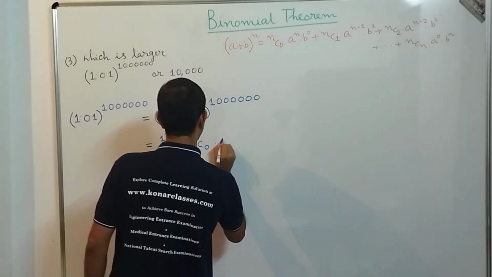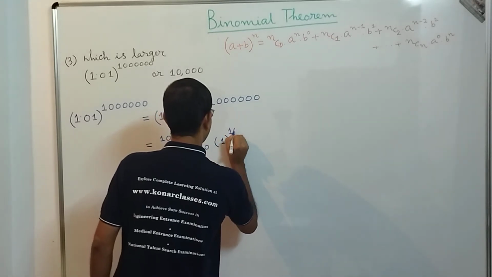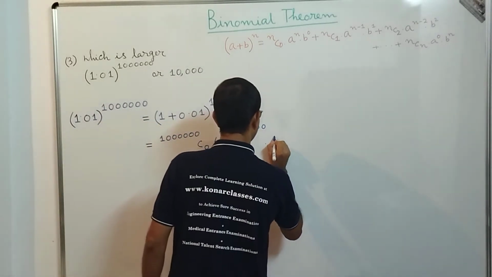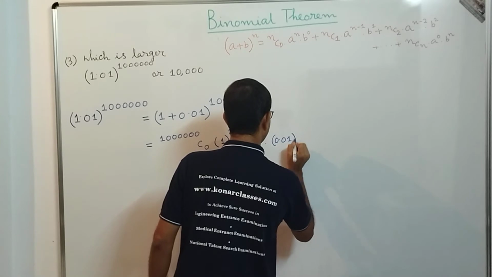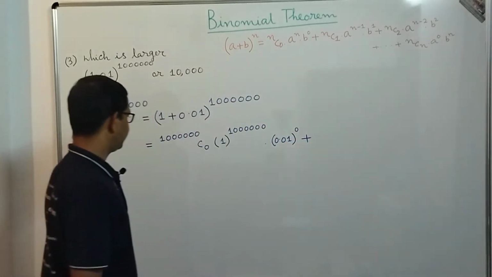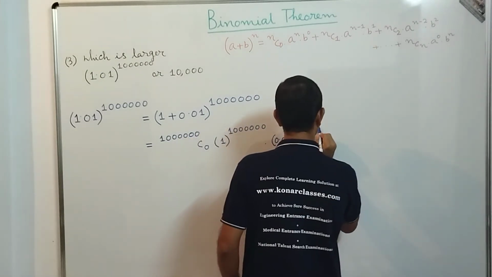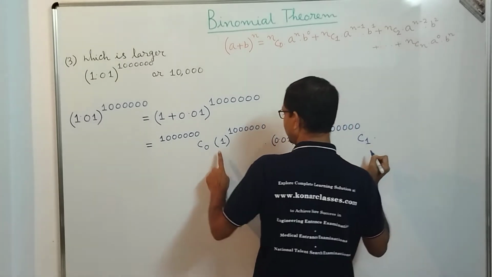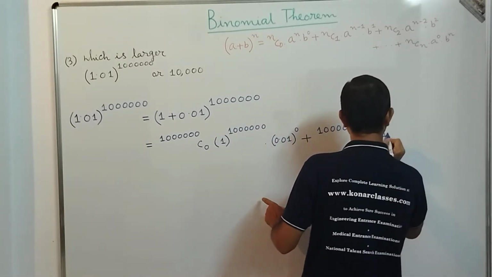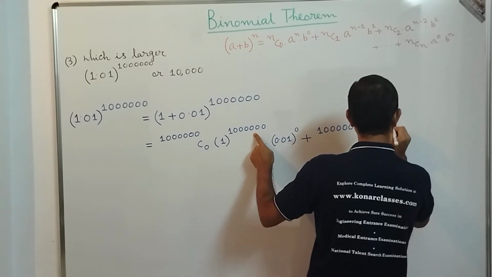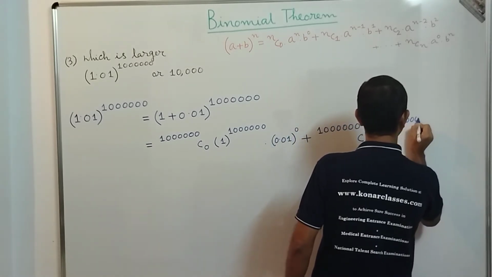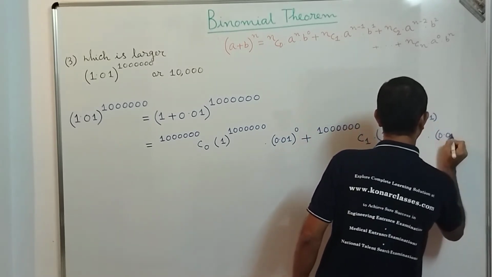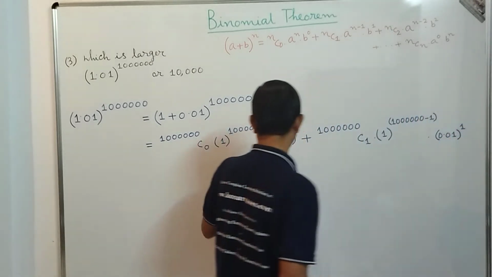C0 into 1 to the power 10 lakh into 0.01 to the power 0, that is the first term, plus second term, that will be 10 lakh C1 into 1 to the power 10 lakh minus 1, correct, into 0.01 power 1, correct.